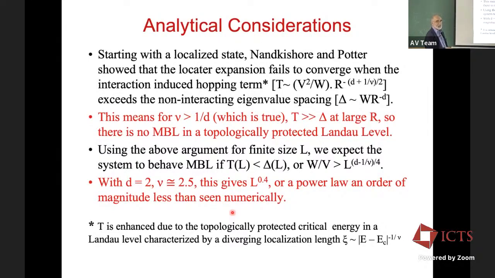That's a very, very weak dependence on L. We found L to the 4 or L to the 5. So we are saying that there's some additional stuff going on, at least at the length scales we are probing, beyond what Nandkishore and Potter say. We are not saying that their argument is wrong in the large size limit, but at lower sizes, it does seem like there's a much greater dependence on size. Okay. So that is one thing that has not been analytically understood.